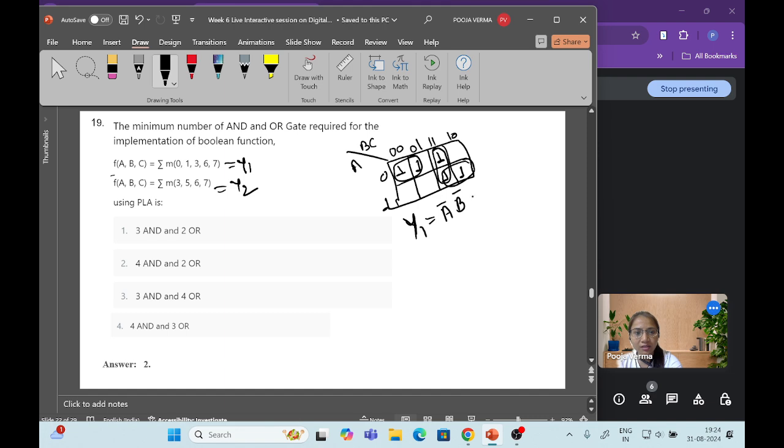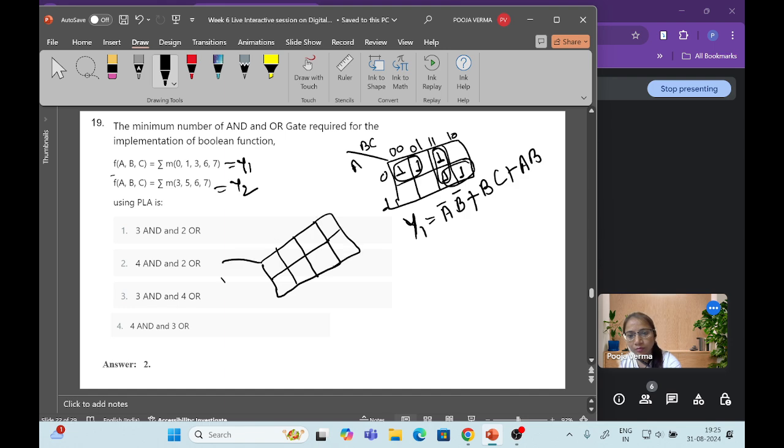B dash, right? Plus here ABC, plus here A, common is B, the common is 1, so B only. Okay, A dash B dash plus BC plus AB. Now similarly we need to find out for y2 also.